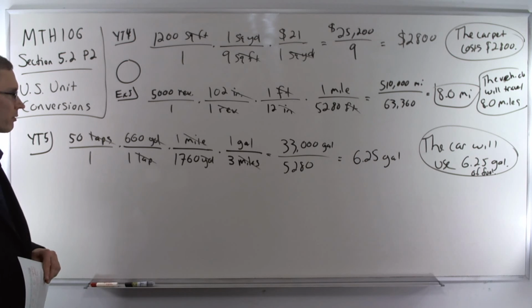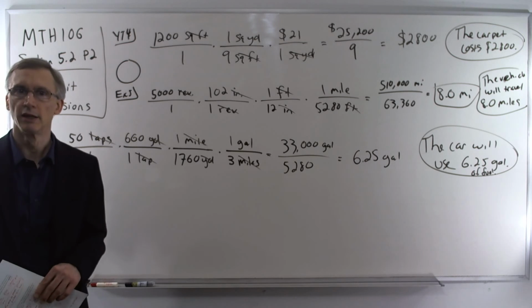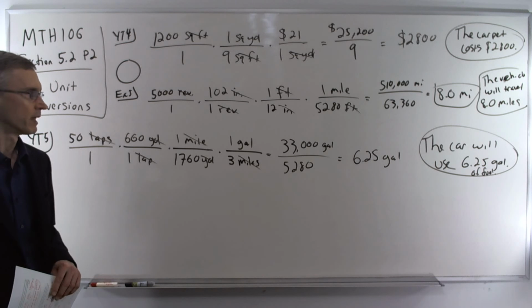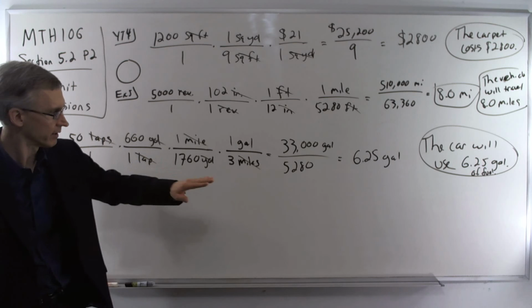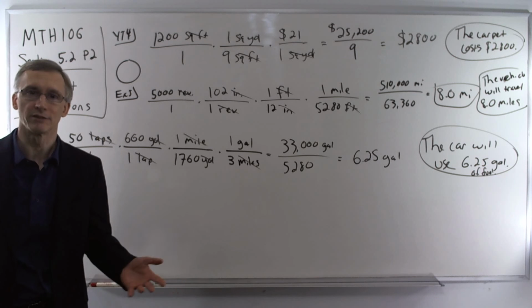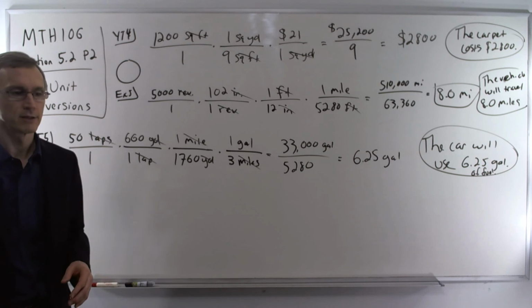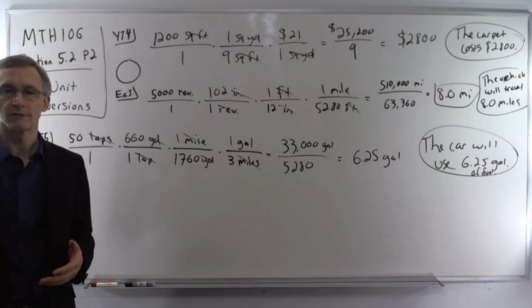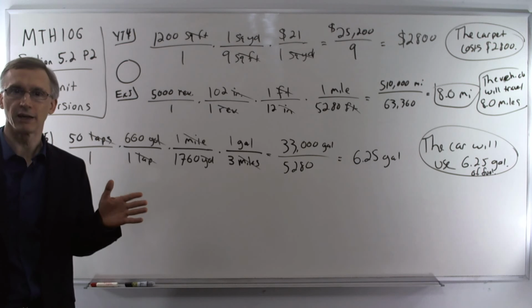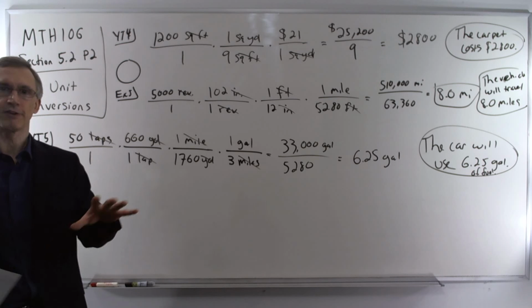So if you're a little confused about which is your actual starting quantity or which one's a conversion factor, as long as you can get the fractions to cancel correctly and give you the ending units, you're going to get the right answer. So don't get too hung up on starting with the starting value if you can't figure it out. Just get the fractions to work out.